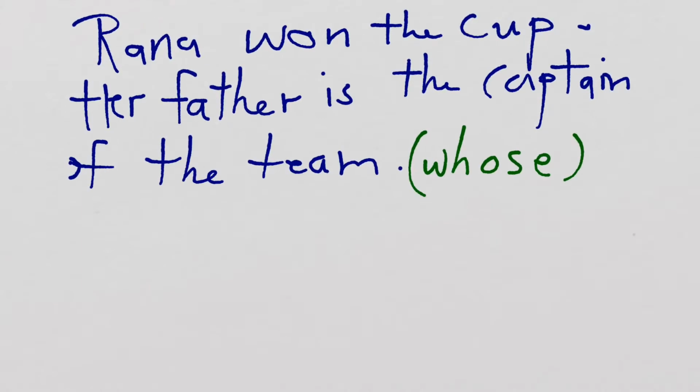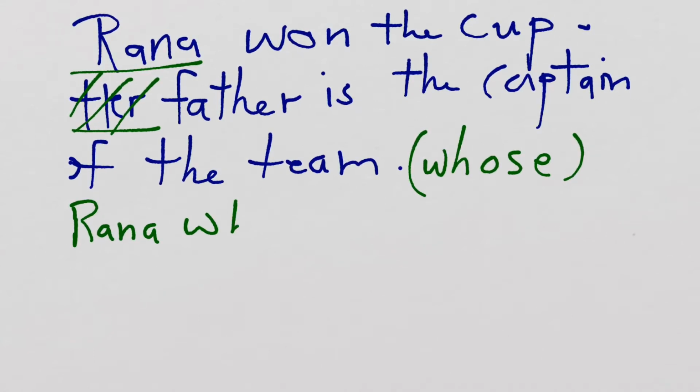Look at the first sentence. We have Rana, and in the second sentence we have her as a possessive pronoun. We are going to omit or delete it. Now write your sentence, the noun Rana, followed by the relative pronoun whose.